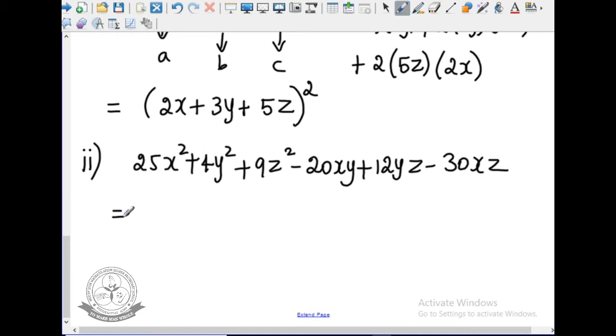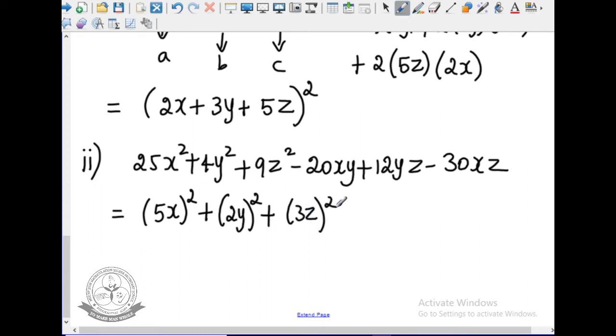So 25x square can be written as 5x whole square. Then 4 is the square of 2, so 2y whole square. Then plus 9z square, 9 means 3z whole square.